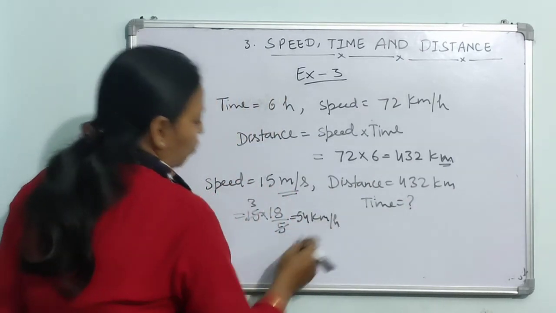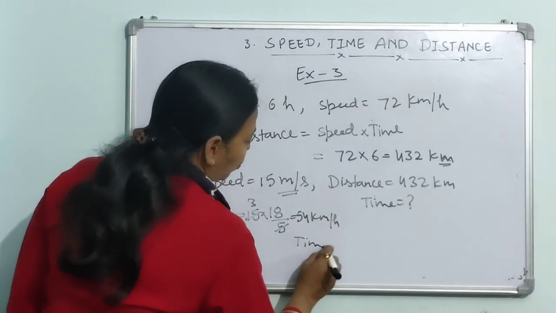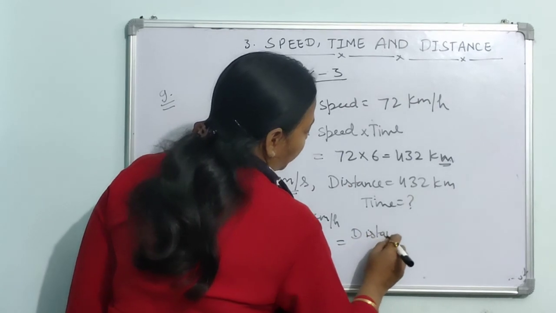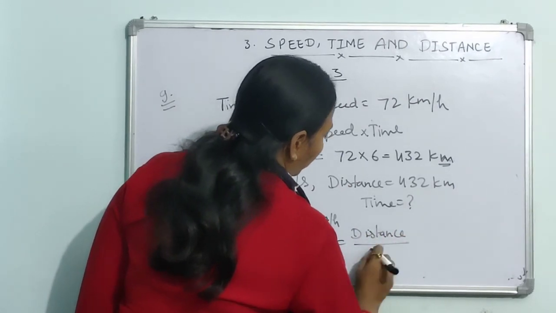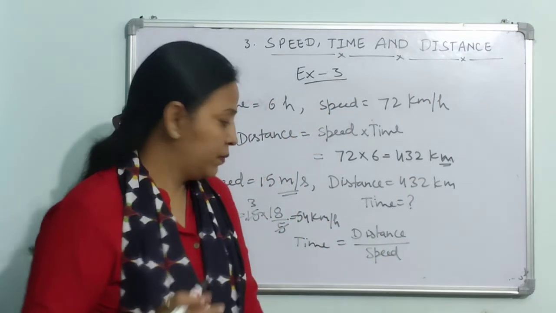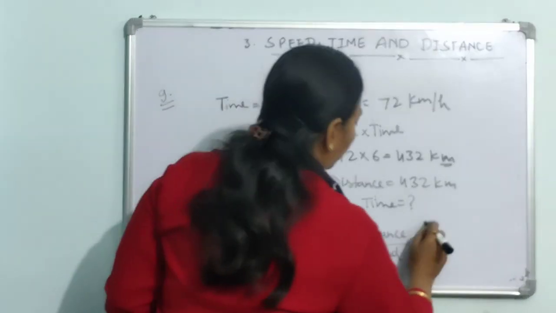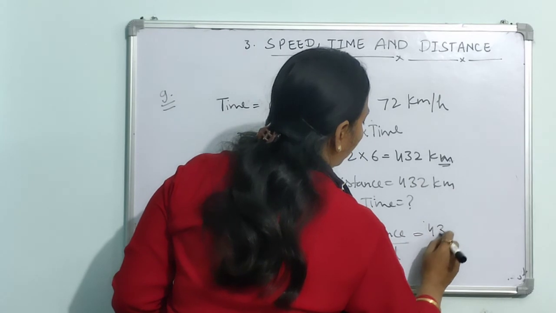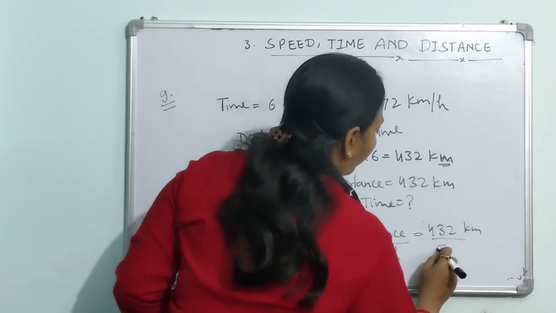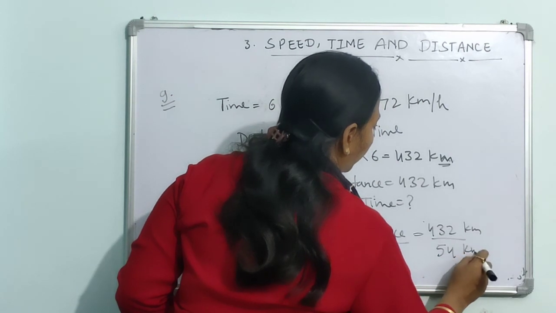Now you have to calculate the time. Time is equal to distance upon speed. Distance is 432 kilometers and speed is 54 kilometers per hour.